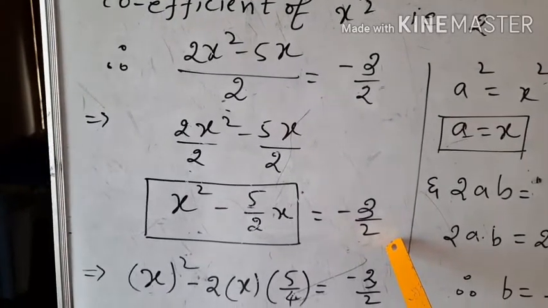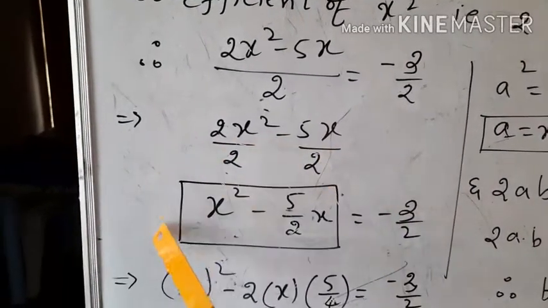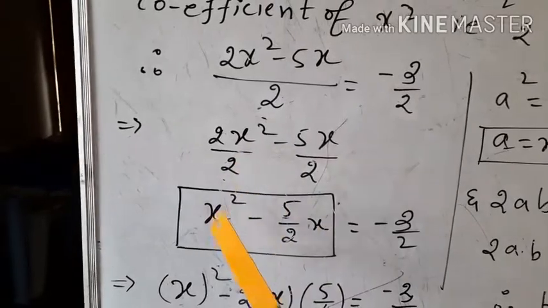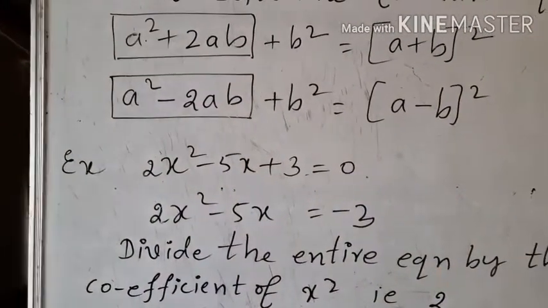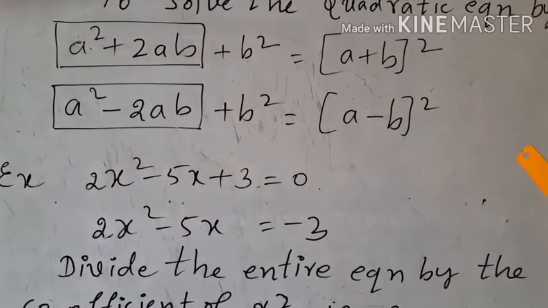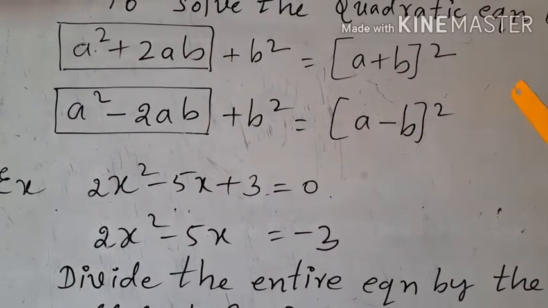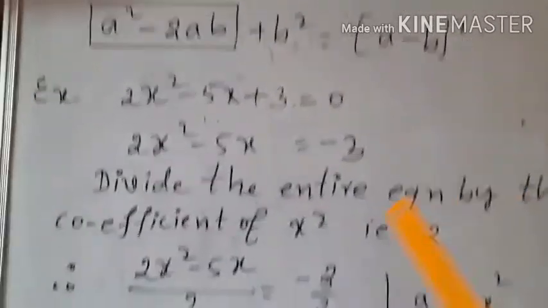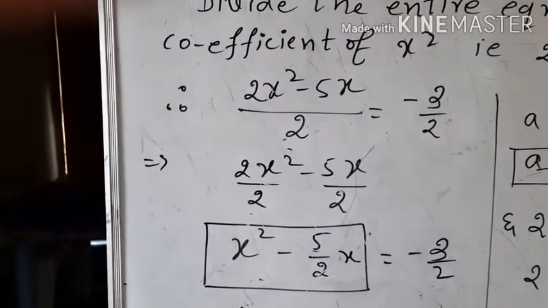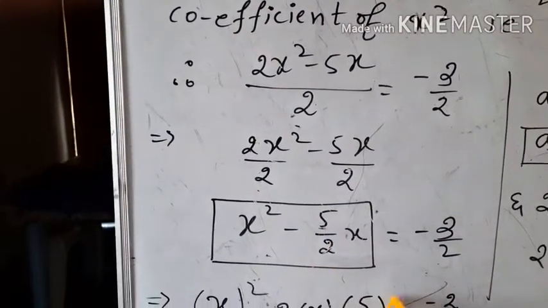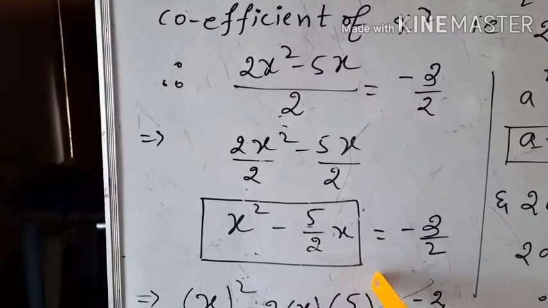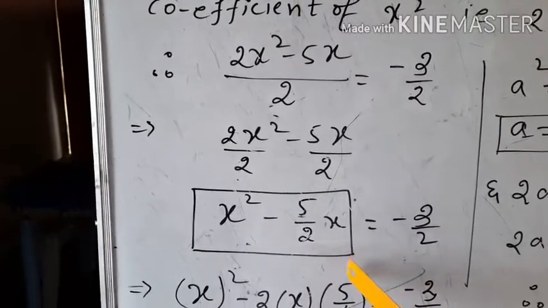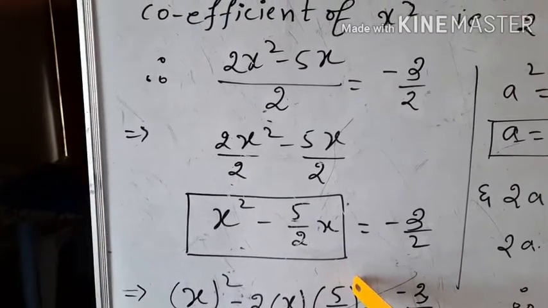Now children, a very important thing is that this x square minus 5 by 2 x should be brought to the form of (a minus b) the whole square or (a plus b) the whole square to make it a complete square. Here, x square minus 5 by 2 x is not a perfect square or a complete square. To make it a complete square, I will tell you what we will do.